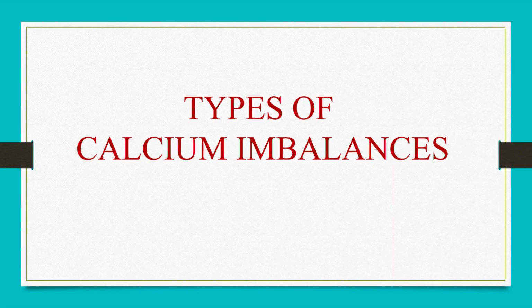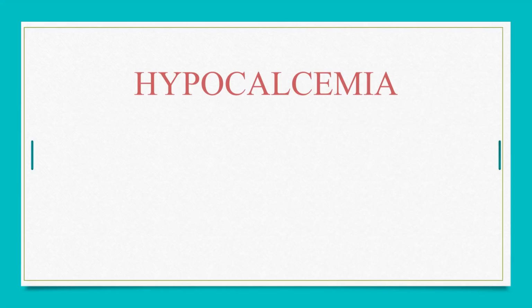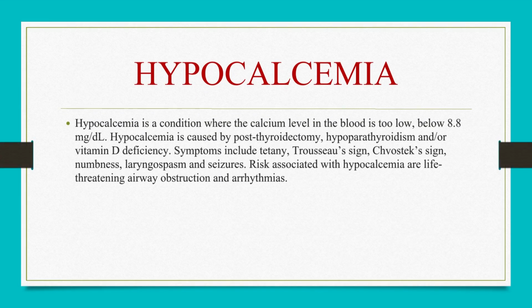Types of calcium imbalances. Hypocalcemia. Hypocalcemia is a condition where the calcium level in the blood is too low, below 8.8 mg/dL. Hypocalcemia is caused by post-thyroidectomy, hypoparathyroidism, and/or vitamin D deficiency.